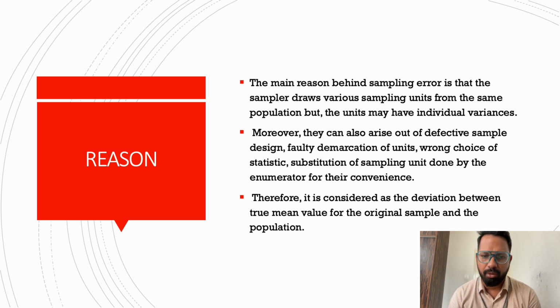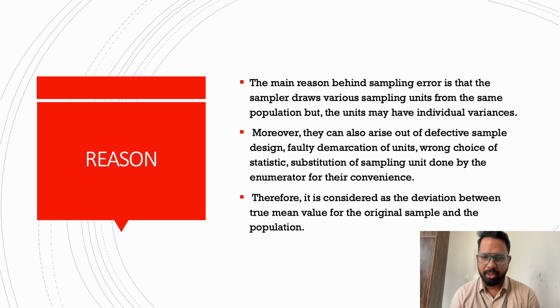Along with that, if you are using a defective sample design or a faulty demarcation, or if you are choosing a wrong statistic, or using a wrong sampling technique, sometimes it will lead to sampling error. This wrong sampling technique is also one of the major reasons for sampling error.